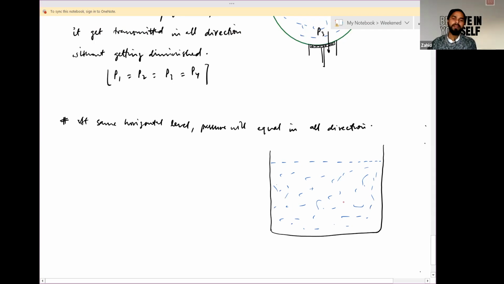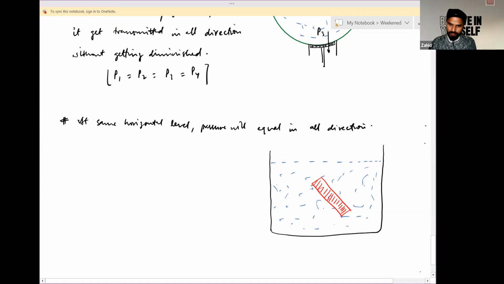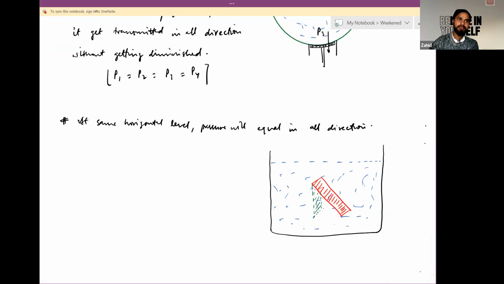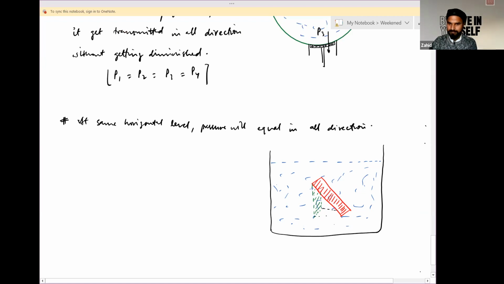Now in this part, I'm taking a cross-sectional segment, strip, like this, whose area is A, whose vertical component will be along this direction, and horizontal component along this direction, like this.